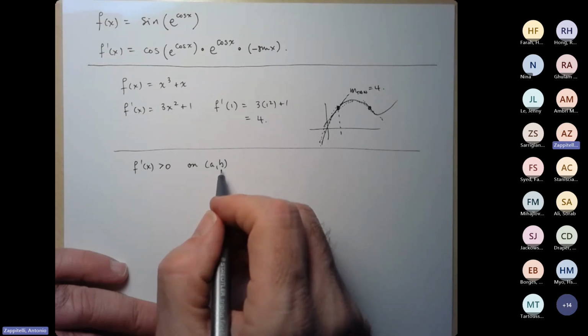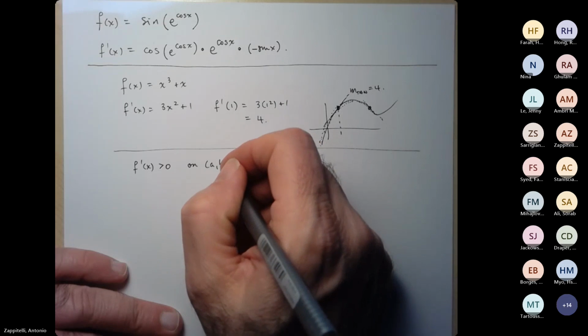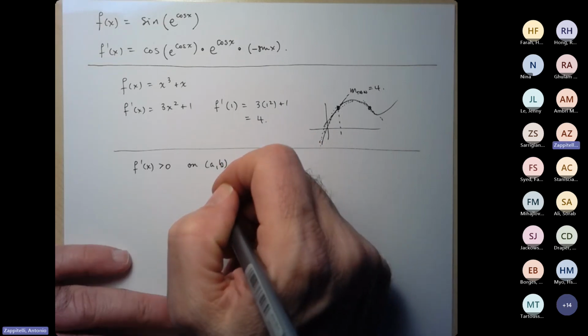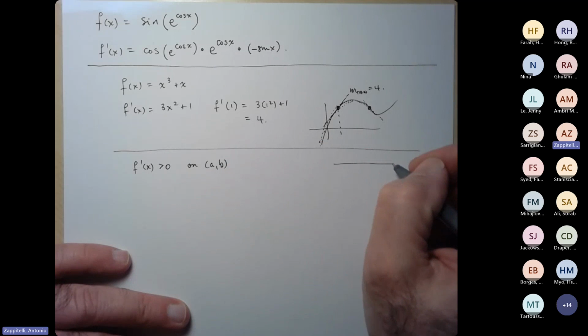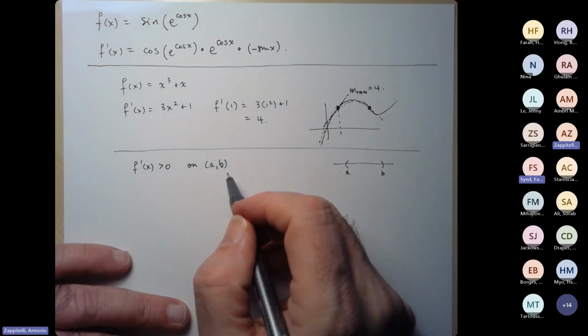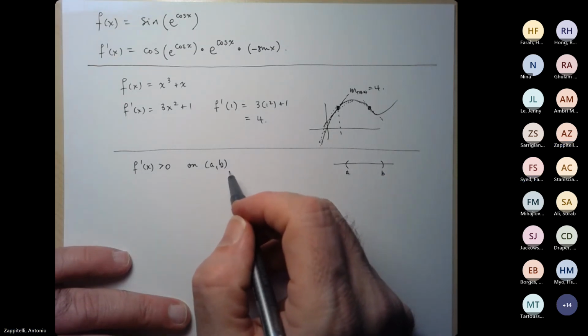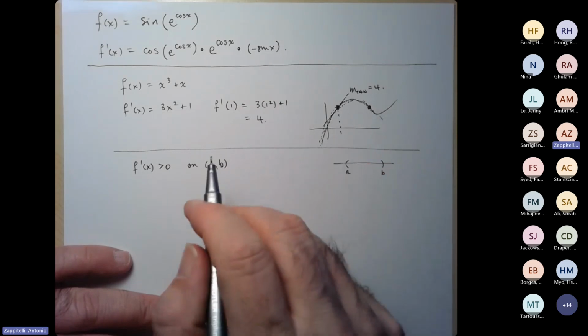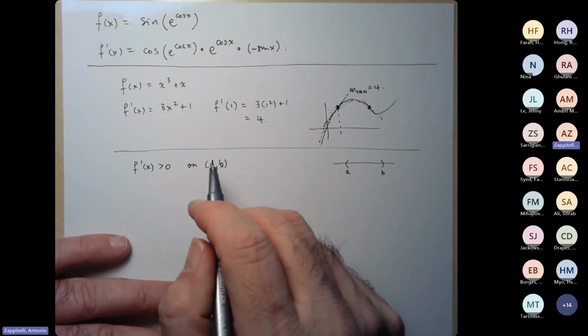Is this familiar to you? I don't want to use something if you don't use it. This just means if my x value starts at a and ends at b, it means all the points between a and b. Is that familiar? Yes or no? Yeah, okay, perfect. I don't want to use something if you guys don't use it.